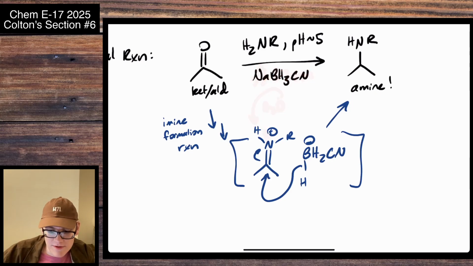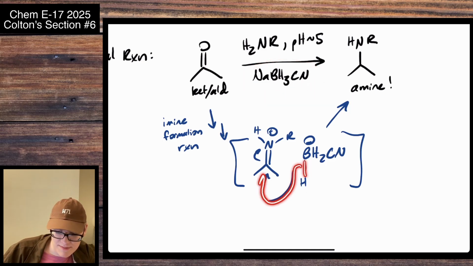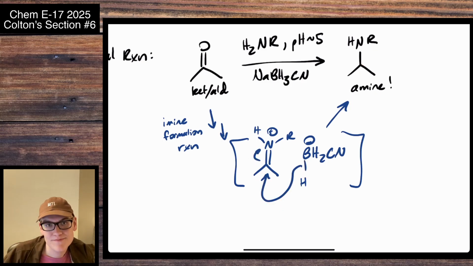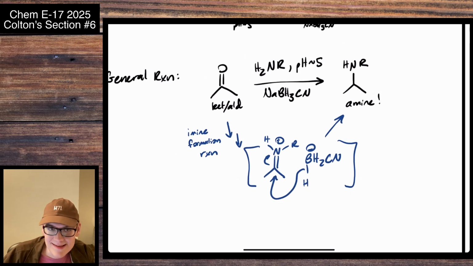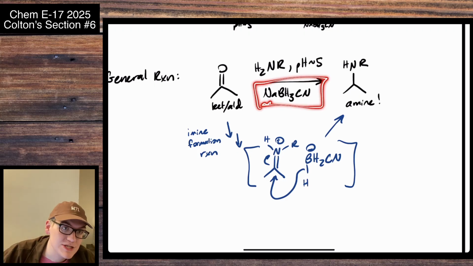But now that you have this reagent, which reacts with protonated carbonyls and protonated amines, so aminiums, for the last step the sigma B-H bond attacks here, adds this hydrogen, and reduces all the way to an amine. So a classic sign is if you see this reagent, NaBH3CN, you know you're doing a reductive amination. That's the only way you've seen it before.